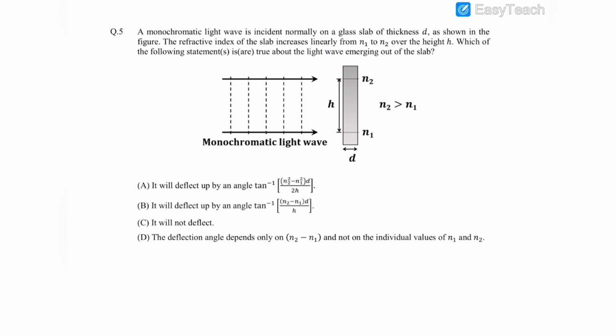So when this light enters this region and this enters this region, let's suppose this is 2 and this is 1. If n2 is greater than n1, then the speed of the wave in medium 2 would be less than the speed of the wave in medium 1.